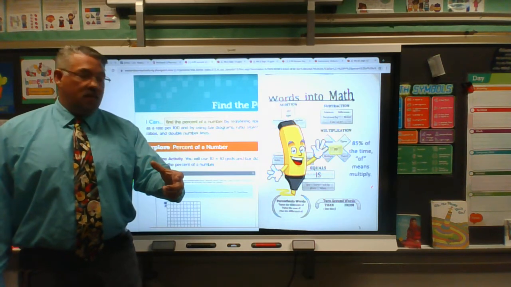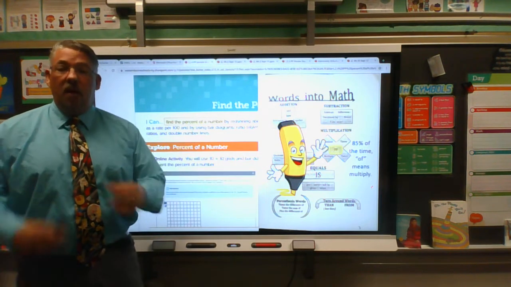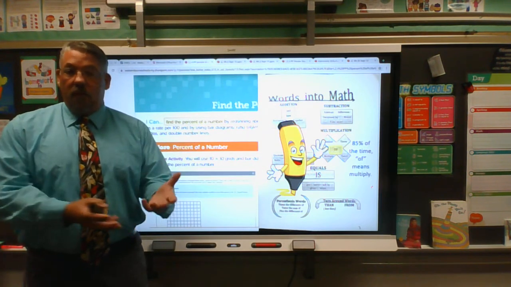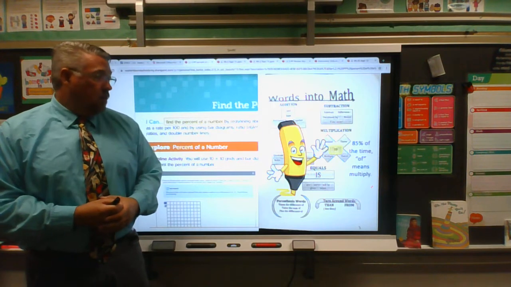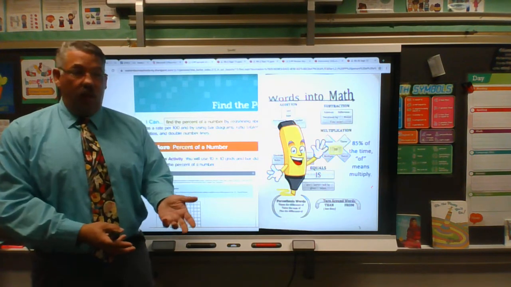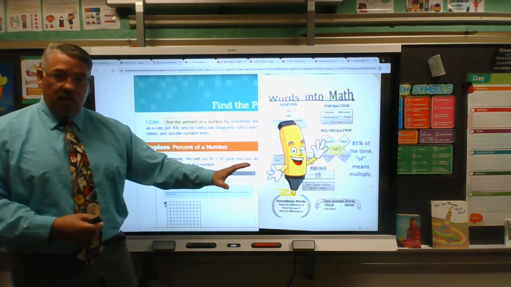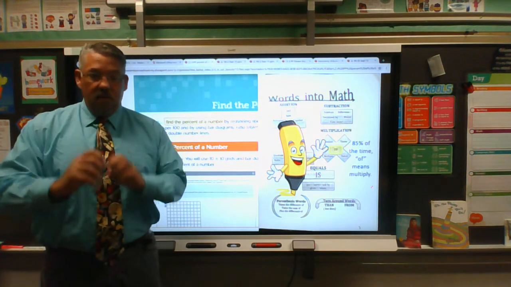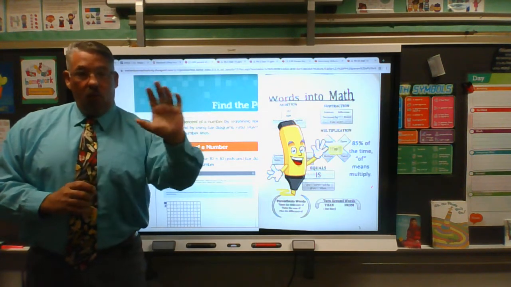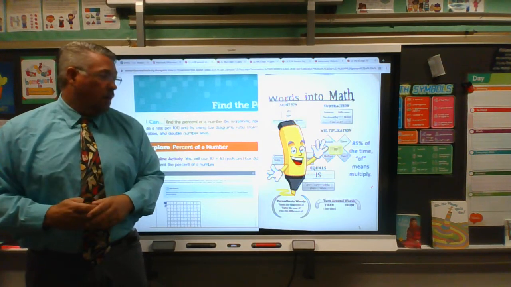And that note out to the side is that about 85% of the time that of is in a math problem, it means to multiply. Right? Now, that doesn't mean that I can't use the word of and it not mean just the word of. But most of the time, if it's saying this of another number or another set of information, then it's going to imply that I'm multiplying.